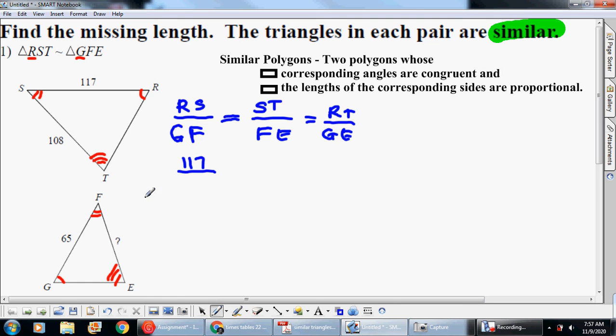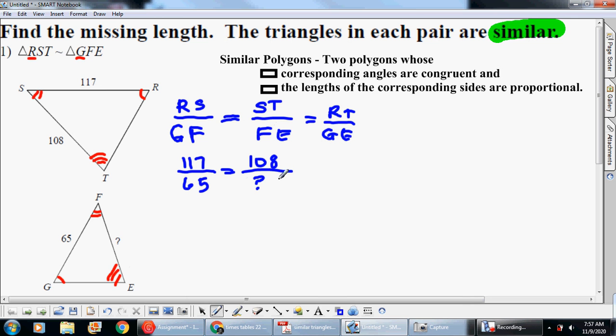GF means what is the length from G to F? G to F will be 65. Now what is the length of ST? ST is 108. Now what is the length of FE?